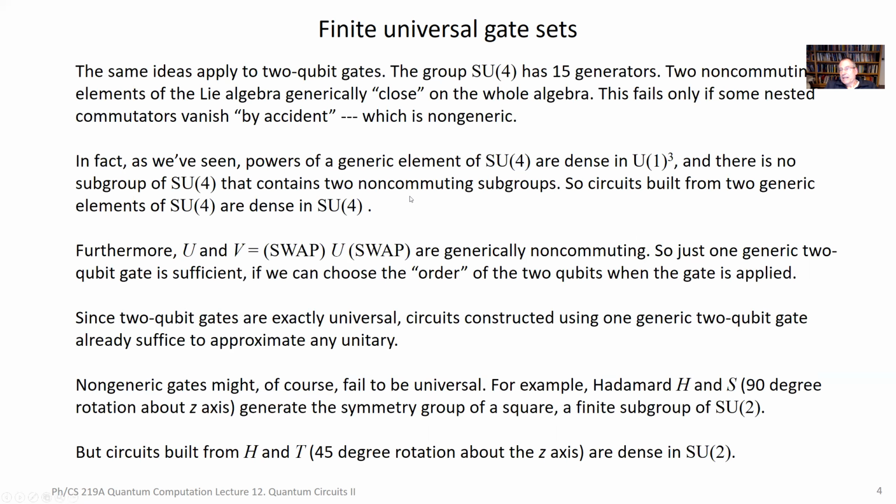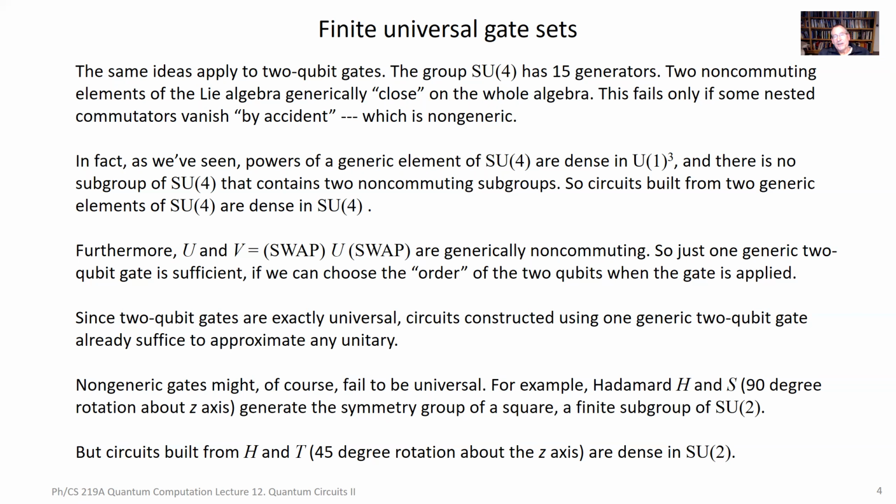Now, the same kind of idea can also be applied to SUN for larger n. We're particularly interested in SU4 because I want 2-qubit gates. I want to get as close as I want to any 2-qubit gate. We know the 2-qubit gates are exactly universal.